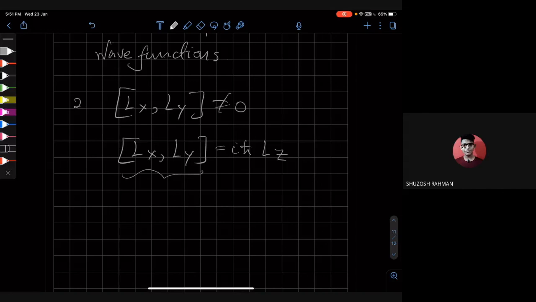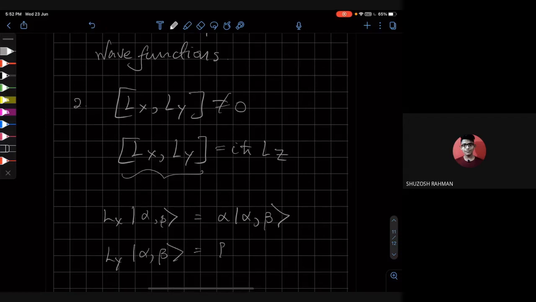So in mathematical terms, this also means that we cannot find simultaneous eigenstates for these two operators. We cannot find an eigenstate, say |alpha beta>, such that Lx acting on |alpha beta> gives me alpha |alpha beta>, and Ly acting on the same state gives me beta |alpha beta>. This cannot happen because Lx and Ly don't commute, okay? So these are the two comments I wanted to make.